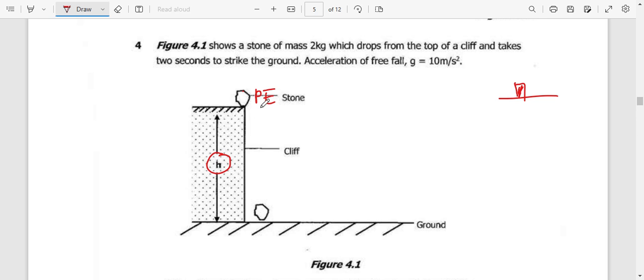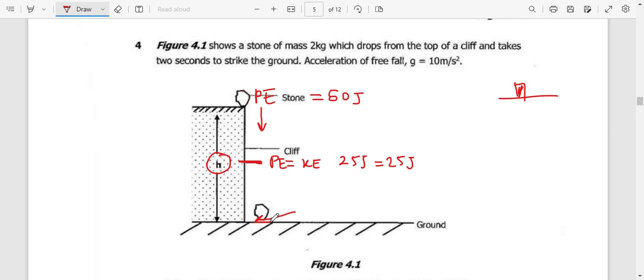So as this object starts falling, the potential energy is going to be converted into kinetic energy. When it reaches the middle of the motion, potential energy is going to be equal to kinetic energy. Meaning that if the potential energy on top was 50 joules, in the middle you are going to have 25 joules being potential energy and 25 joules being kinetic energy, such that when you add them, you still get 50.